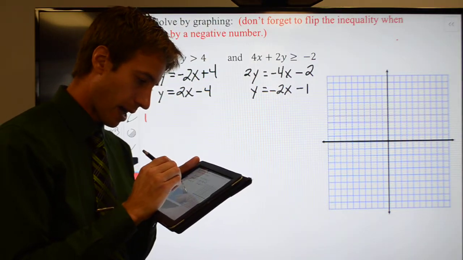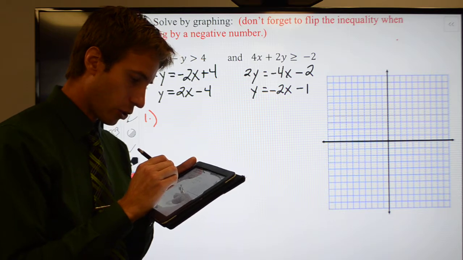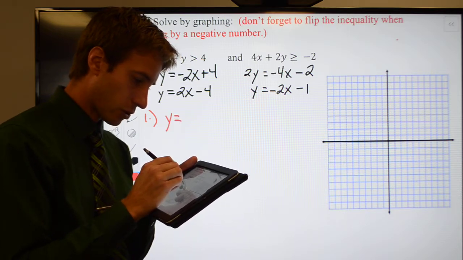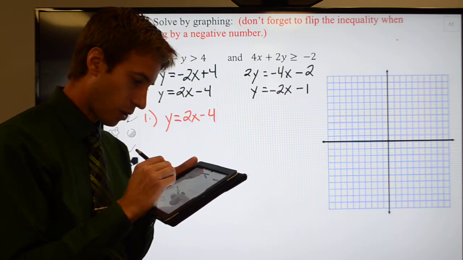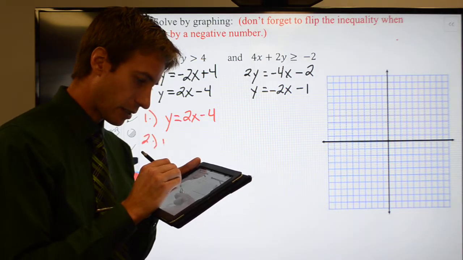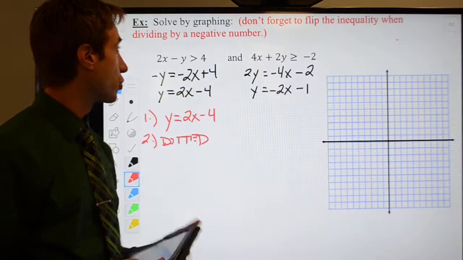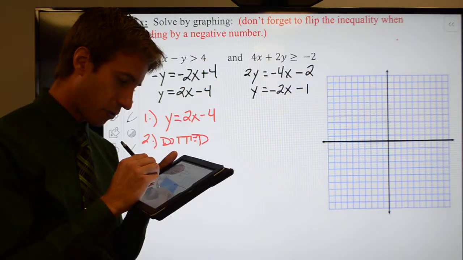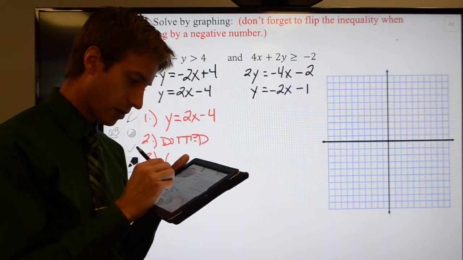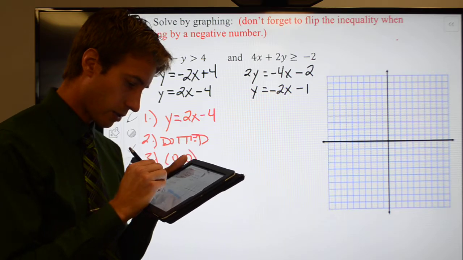So let's go ahead and do that. We will graph y equals 2x minus 4. It's going to be a dotted line because I'm strictly greater than. Step 3, that is not going to go through 0, 0, so I will use 0, 0.